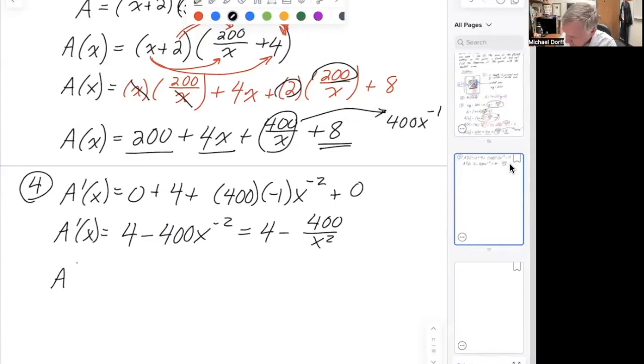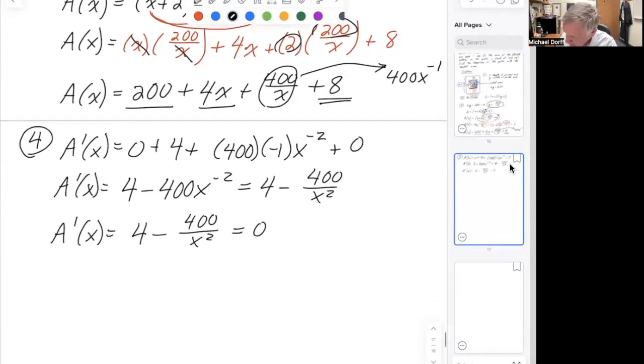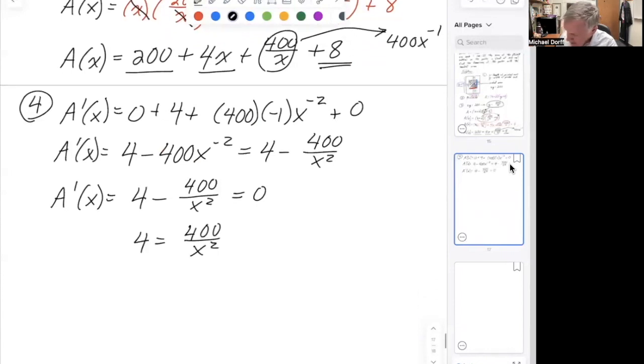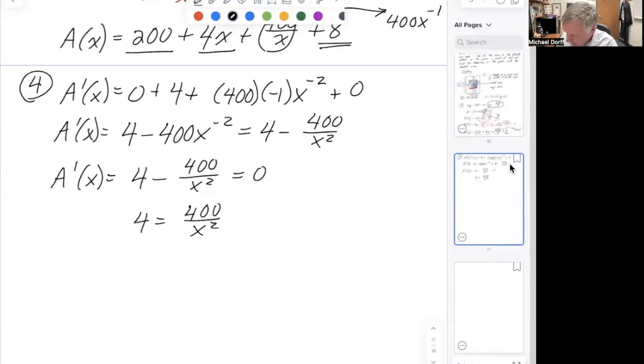And now we want to find the critical numbers, so we want to set this equal to 0. So I've got 4 minus 400 over x squared equal to 0. All right, bringing the 400 over x squared to the other side, I get 4 equals 400 over x squared. And now multiplying both sides by x squared, that will give me 4x squared equals 400.